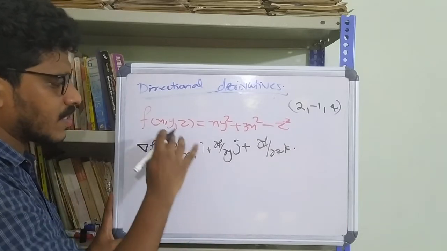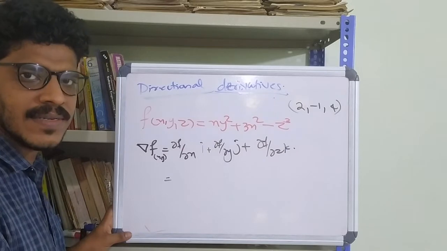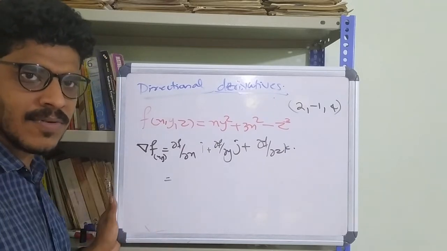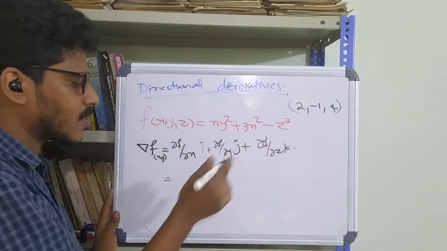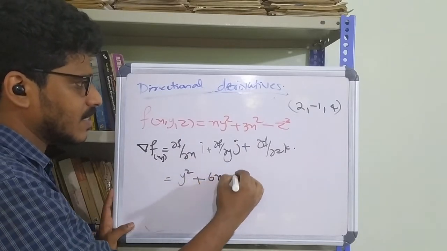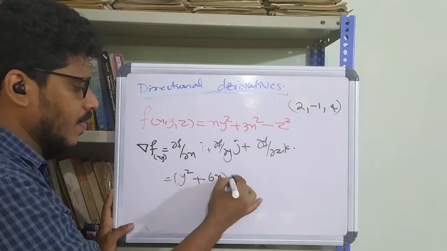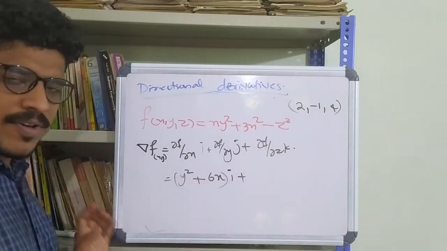So what is dou f by dou x? The partial derivative of f of xyz with respect to x. You know how to differentiate it. We keep y and z as constants and differentiate with respect to x. This gives y square plus 6x minus 0, into i, plus dou f by dou y.